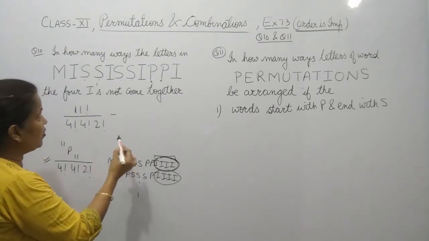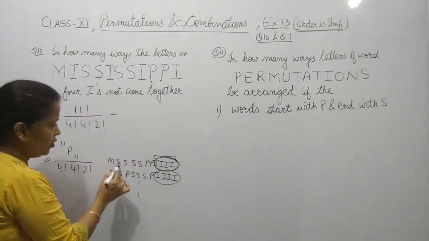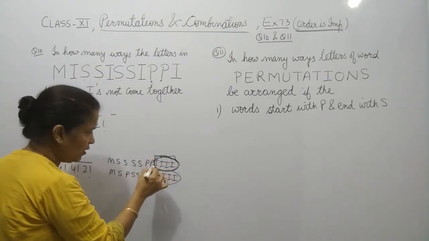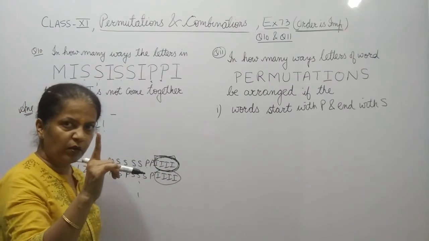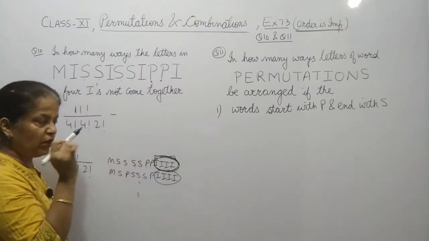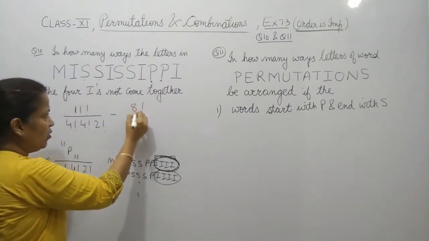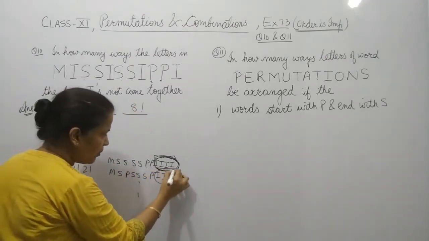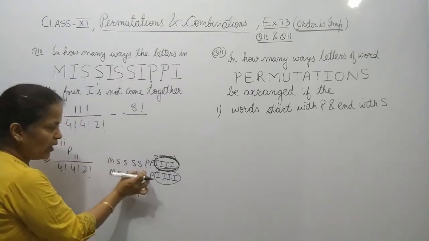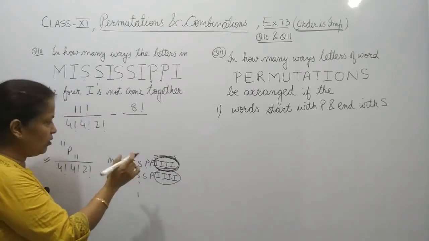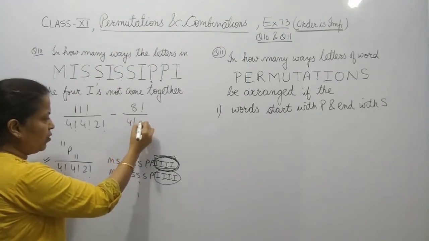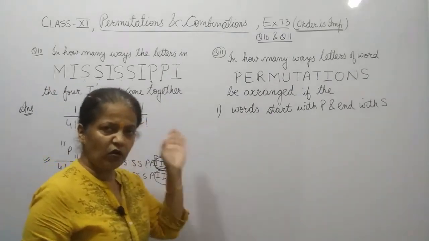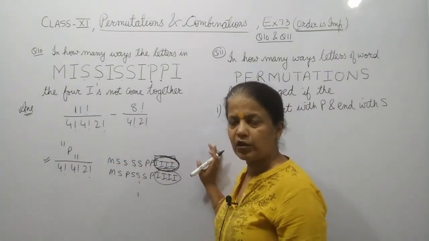What will be the left out number? 1, 2, 3, 4, 5, 6, 7, and this one bundle, so 8. So it will be 8 factorial upon 4 factorial into 2 factorial, because the S and P are repeating here. Then you can solve it to get the answer.